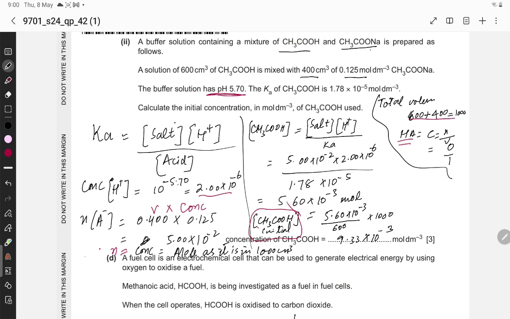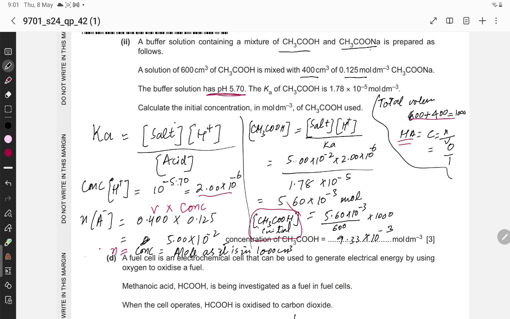So the concentration of ethanoic acid is equal to concentration of salt times concentration of hydrogen ion divided by Ka.